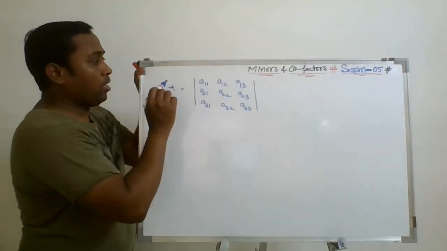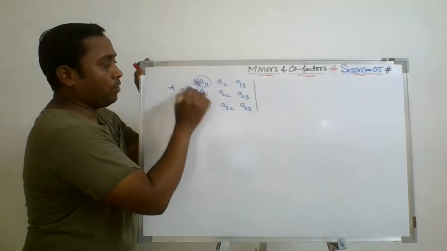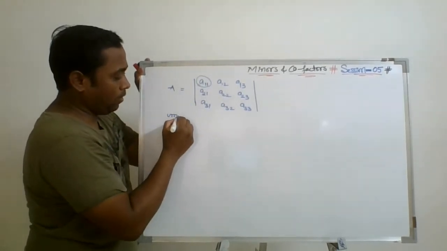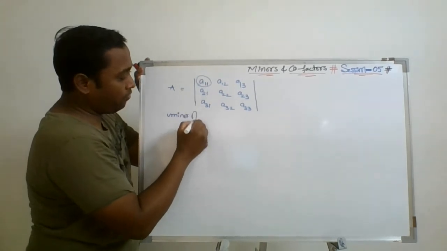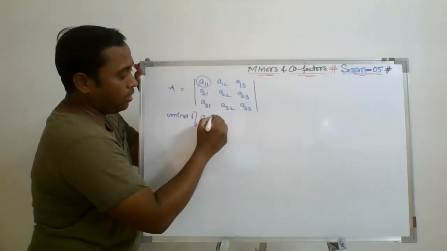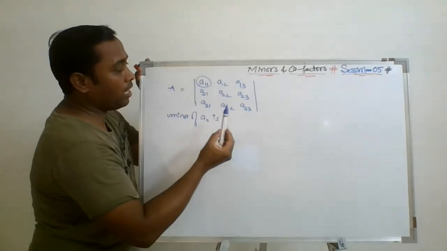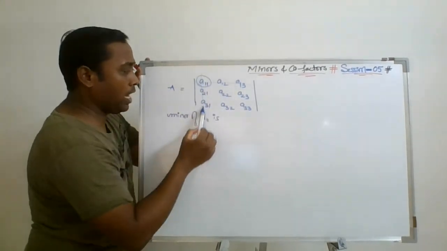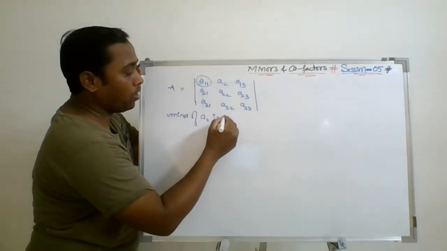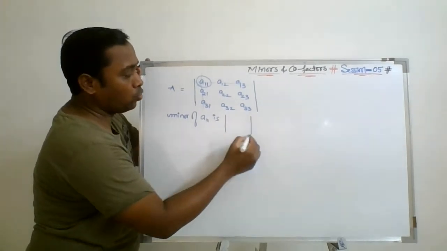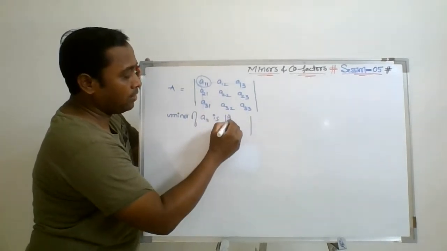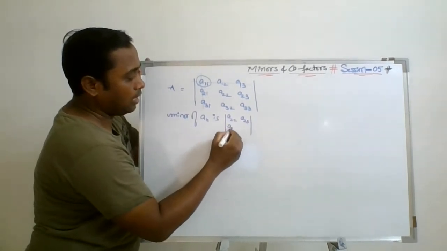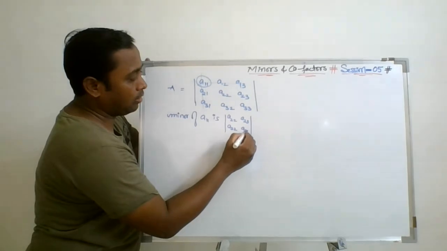Now the minor of element A11 is obtained by eliminating this particular row and column. So what is the determinant left? That is a 2 by 2 determinant: A22, A23, A32, A33.